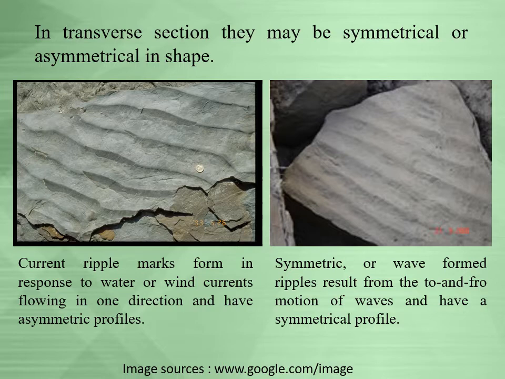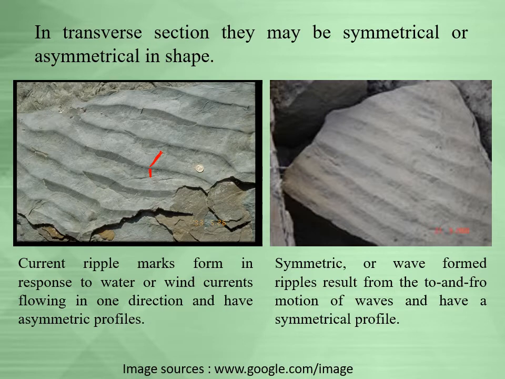Depending on this symmetrical property, ripple marks can be divided into two groups. One is the asymmetrical ripple mark, in which the stoss side length is greater than the lee side length. In the left hand figure, you can see the stoss side length is greater than the lee side length, and the inclination or dip of the stoss side is generally gentle compared to the lee side.